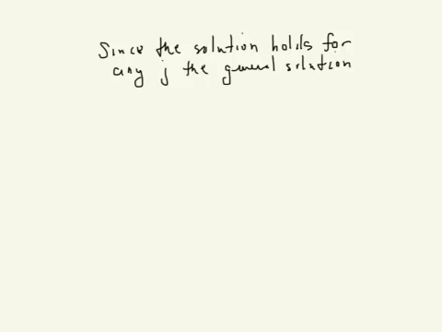So, since that solution holds for any j, the general solution for h sub n would be the product of all the exponentials over any j.